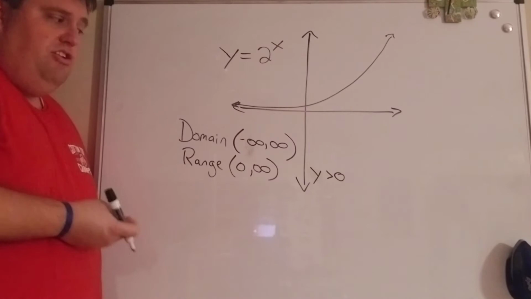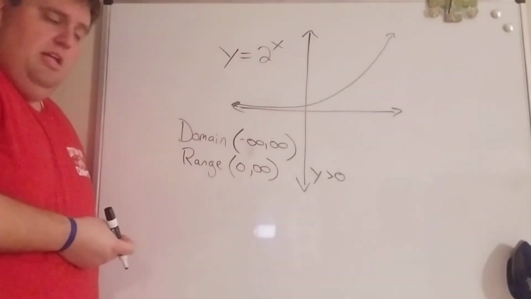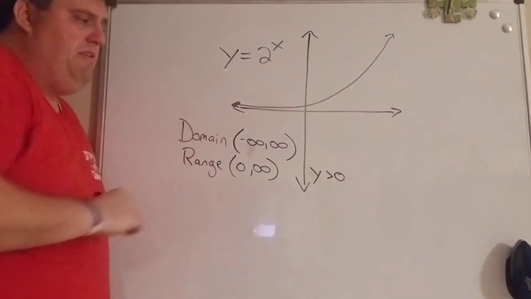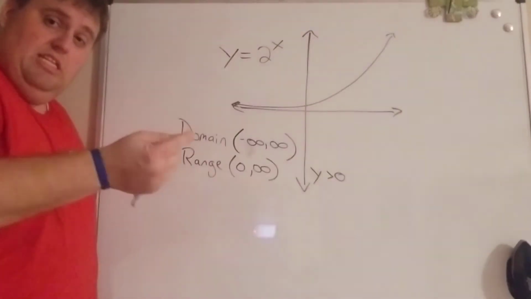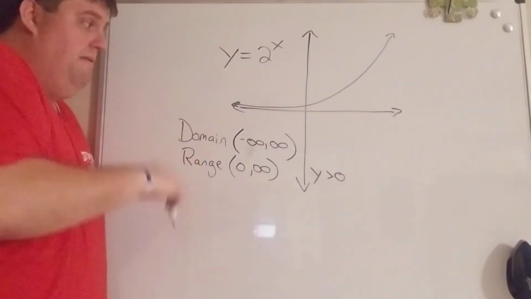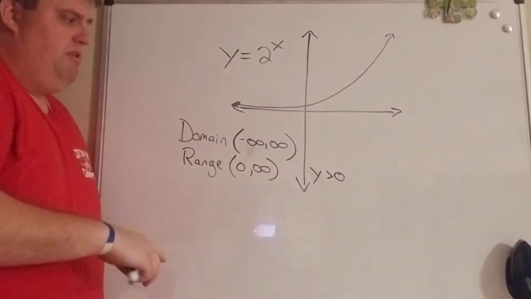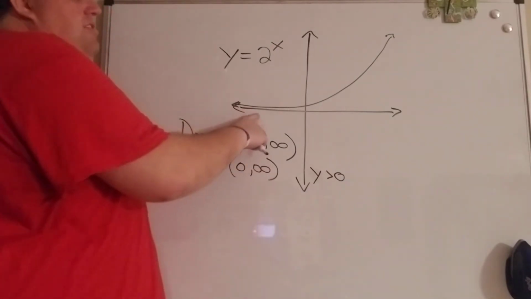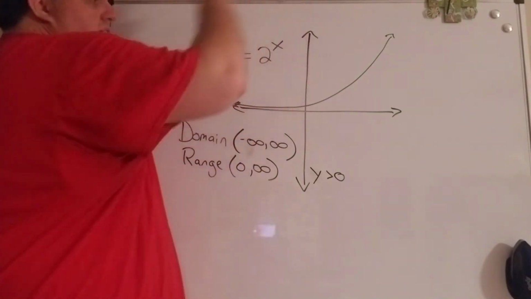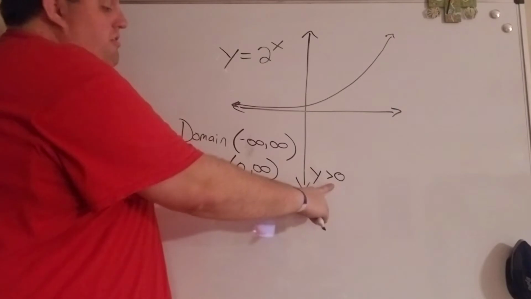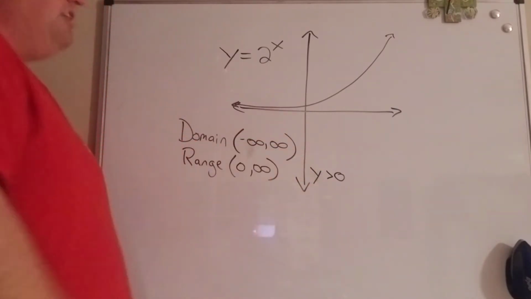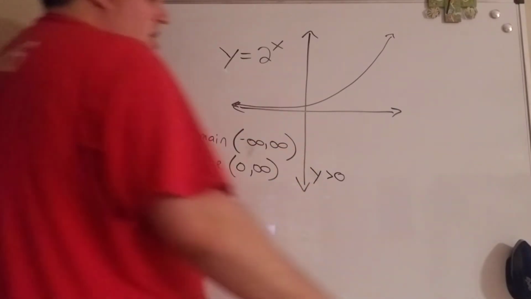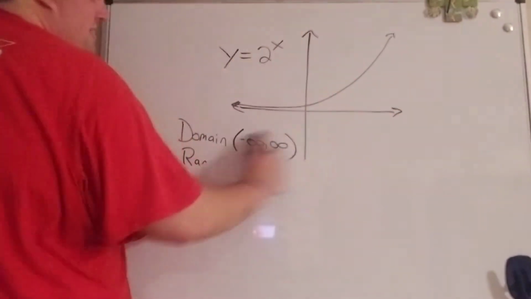However, the range is going to give us that problem. So our asymptote might not always be right on the x-axis when we start shifting this thing around. But for now, for the parent function, if you want to think of it that way, it is. So our y values have to be greater than 0. They can't be greater than or equal to either, because it's never going to actually touch 0. Awesome. So that was one thing I wanted to talk about today.